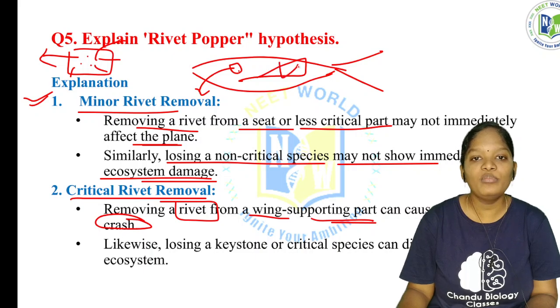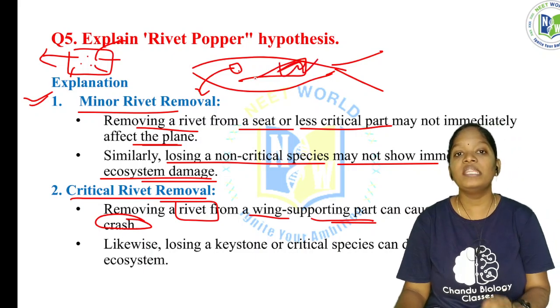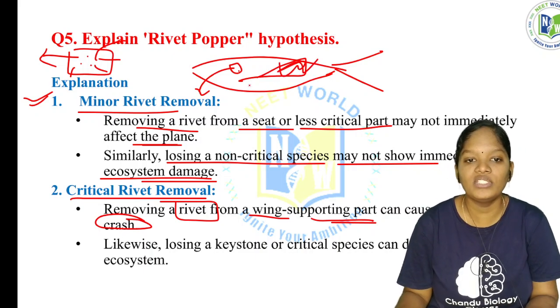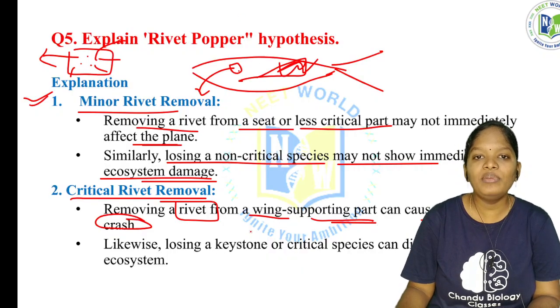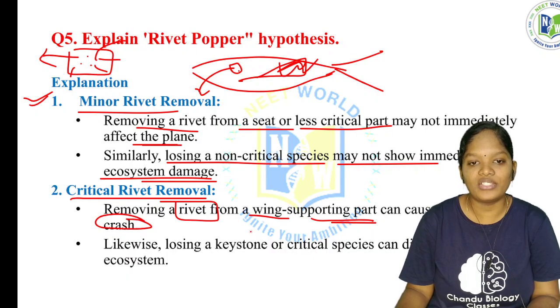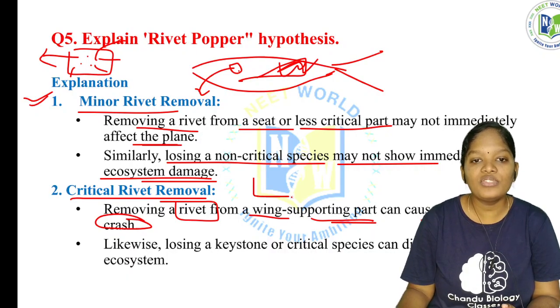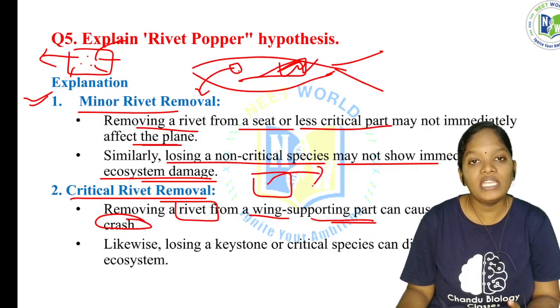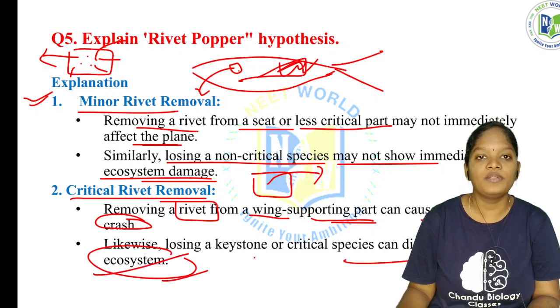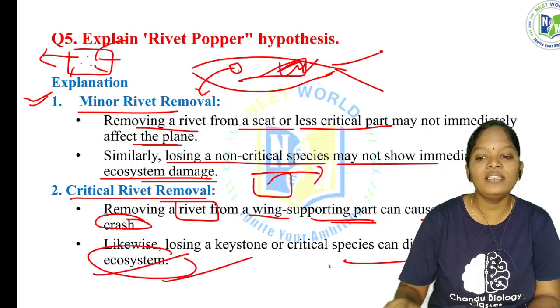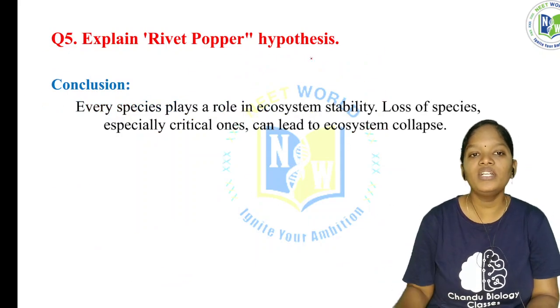If we remove the wing, which is important for the aeroplane to fly, it will make the aeroplane crash. In the same way, in an ecosystem, if we remove an important keystone species, it disrupts the entire ecosystem. This is critical rivet removal.